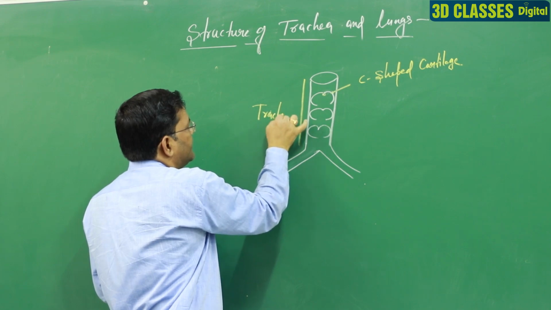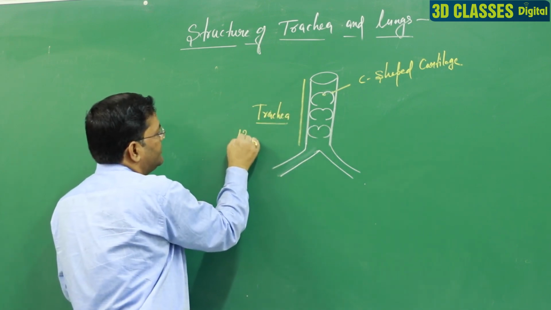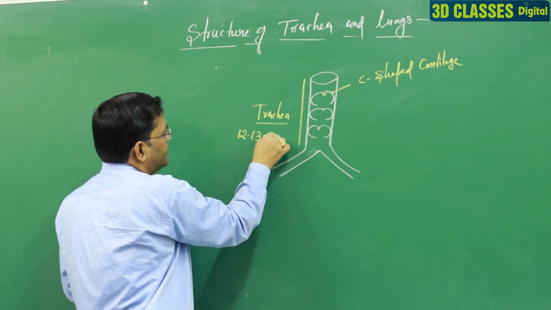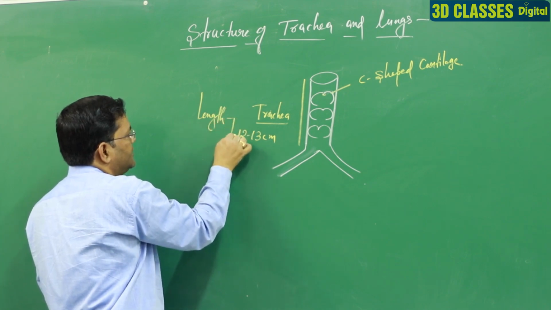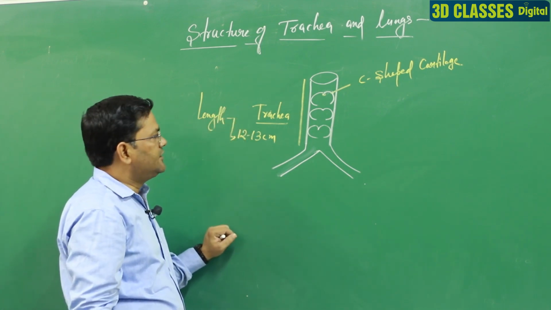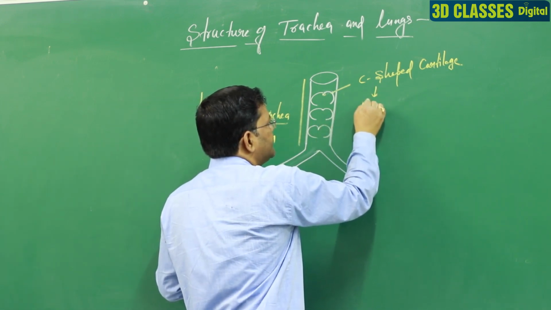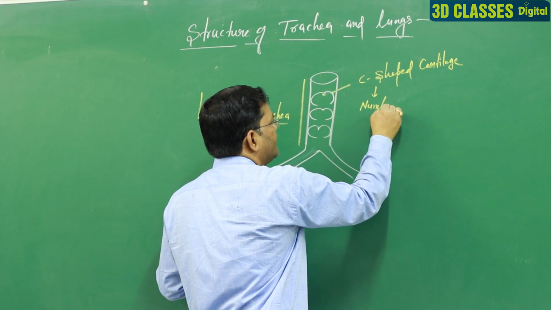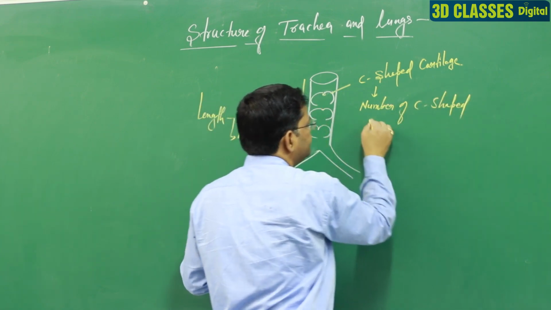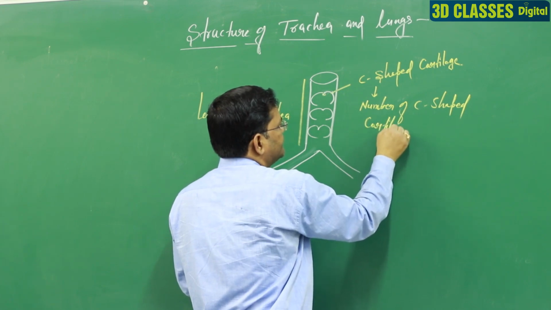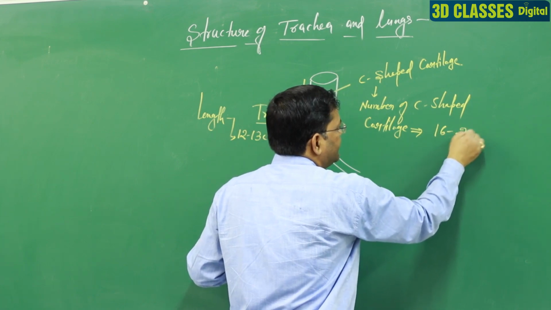And the trachea in an adult human body has a normal length of 12 to 13 centimeters, and the number of C-shaped cartilages is near about 16 to 20.